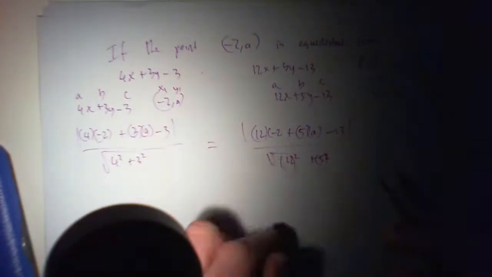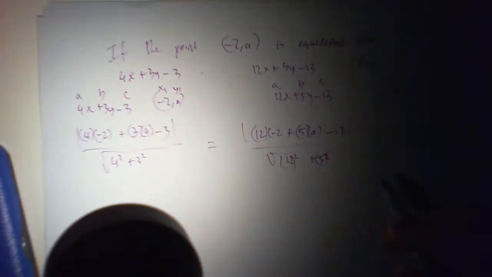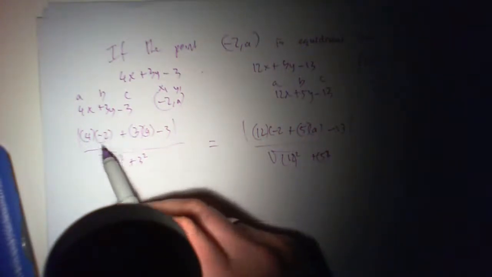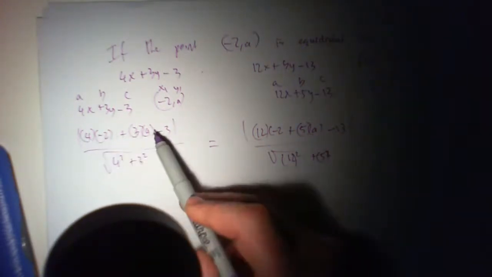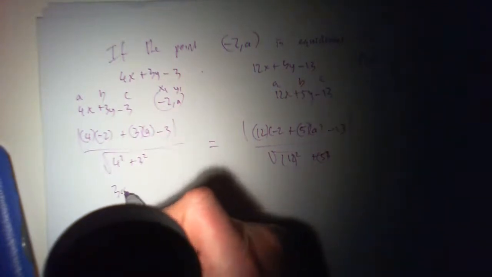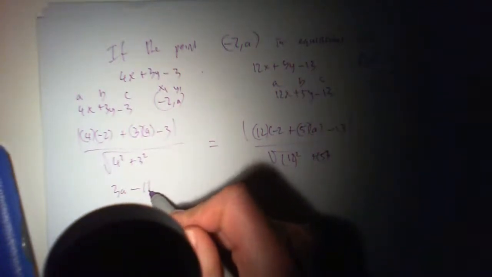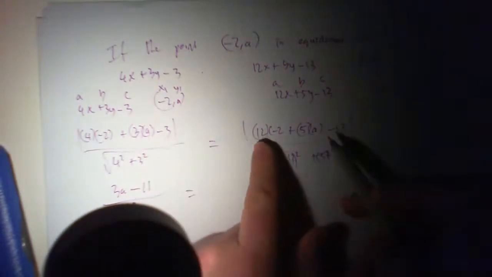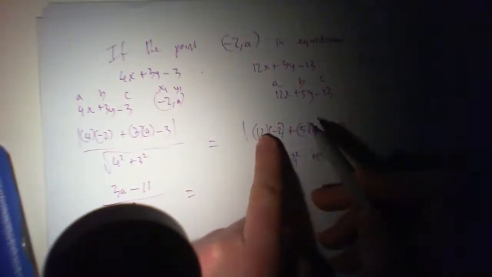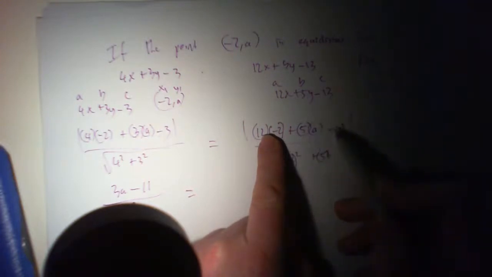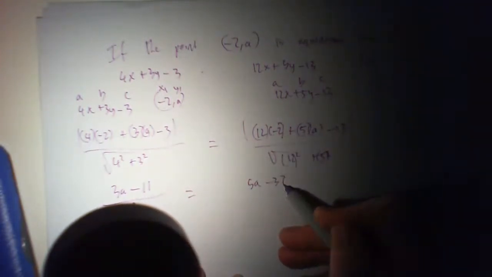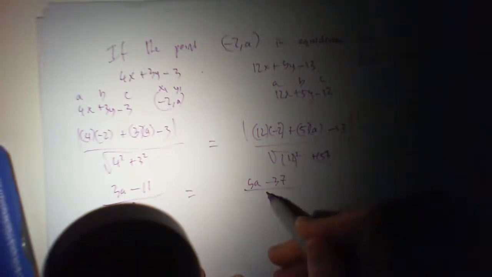Okay, so let's tidy this up as much as we humanly possibly can. We've got a 3A and we've got a minus 11, so it's 3A minus 11 over 5, and minus 24 plus 5A minus 13, so that's 5A minus 37, all over 13.